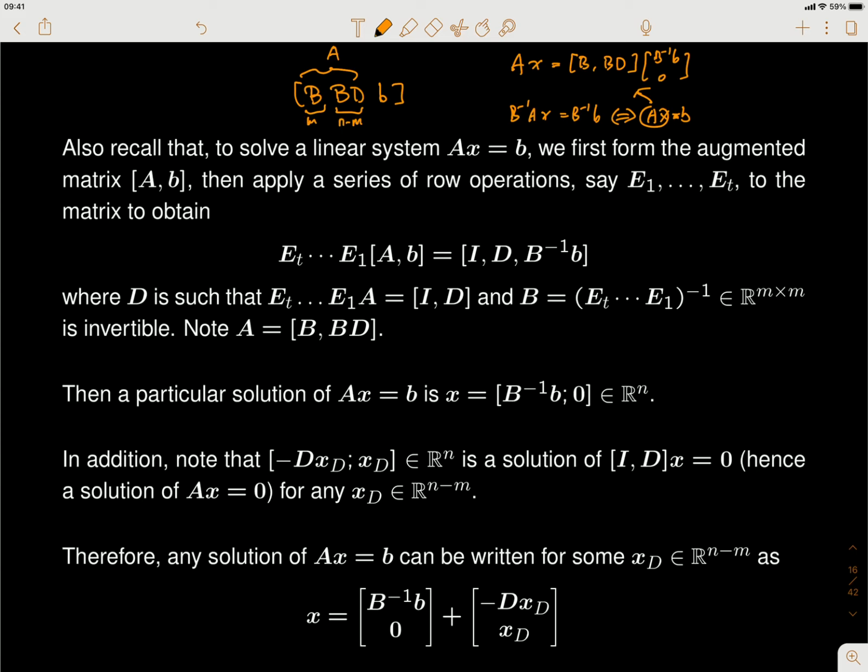So on the right-hand side, I will just have the b vector. If I multiply both sides by B inverse, I will get B inverse times BD and B inverse b and 0. As you can see, I will just get identity and D. And I have B inverse b and 0. When I multiply these two together, we'll just get B inverse b, and that is exactly the right-hand side. Okay, so the left-hand side becomes this, and the right-hand side is the same as the right-hand side.